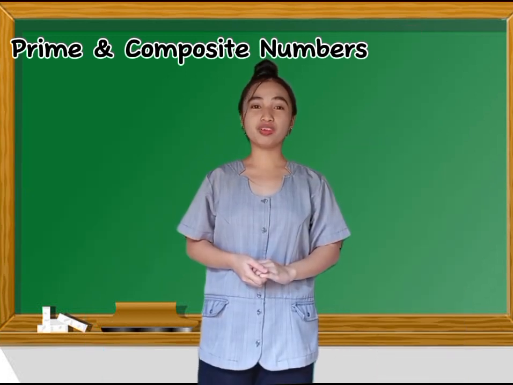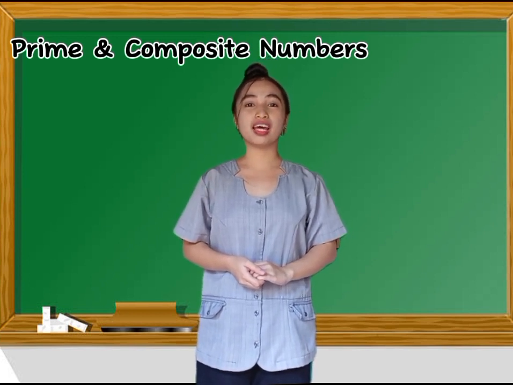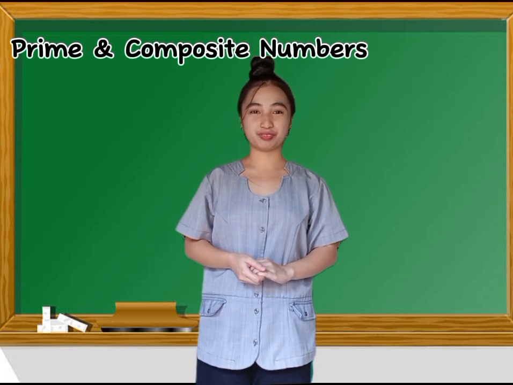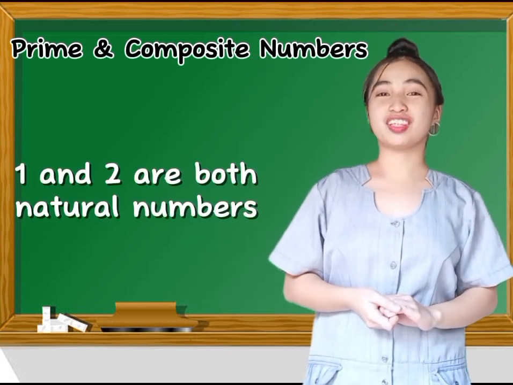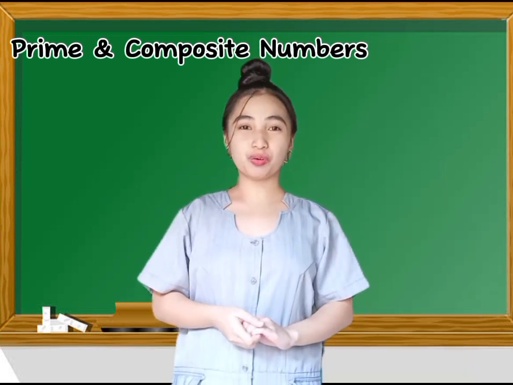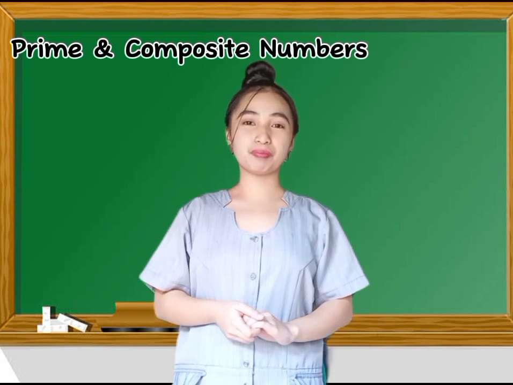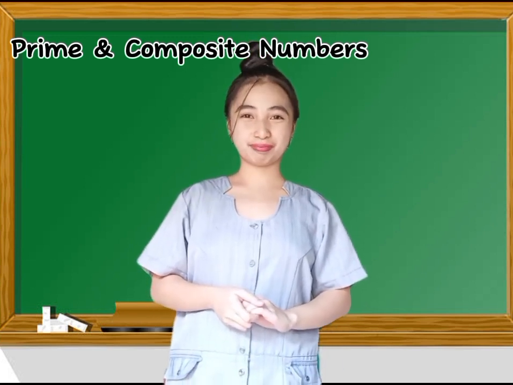Meaning, its only factors are 1 and 2, 1 and the number itself. 1 and 2 are both natural numbers. That's why we can consider 2 as the smallest prime number and the only even prime number.